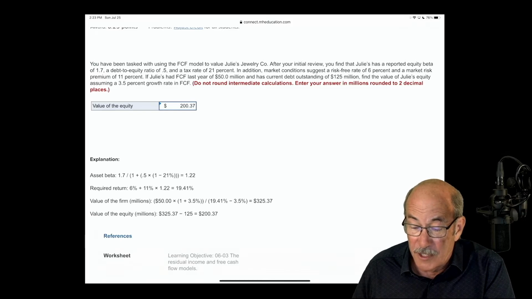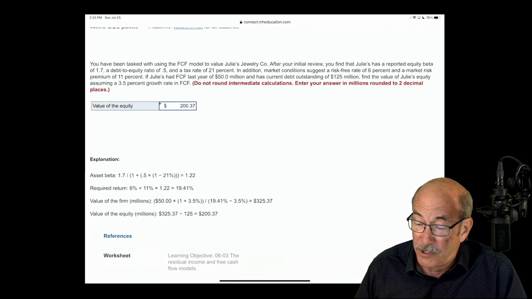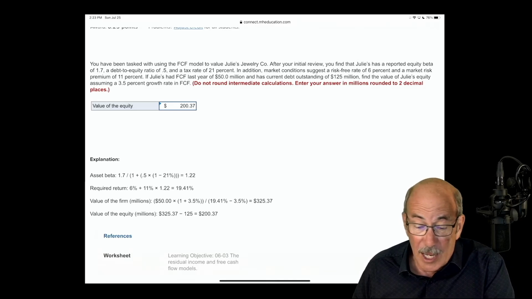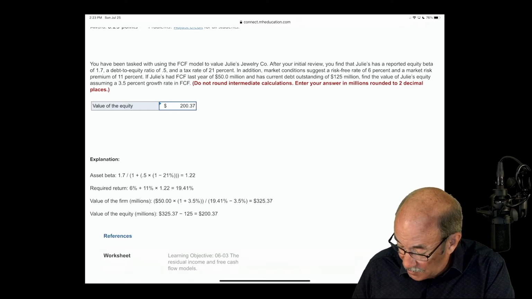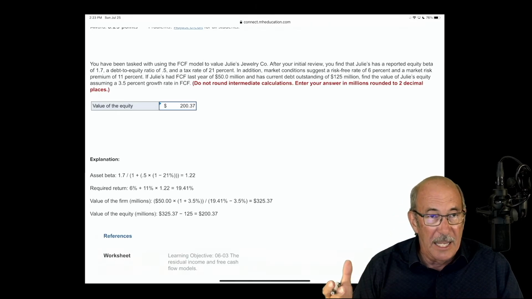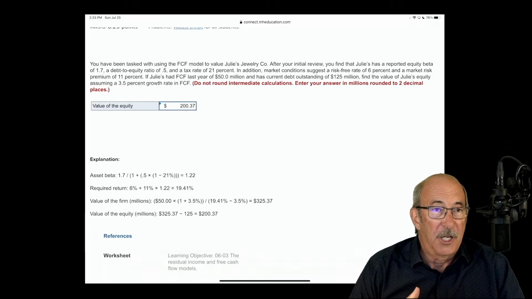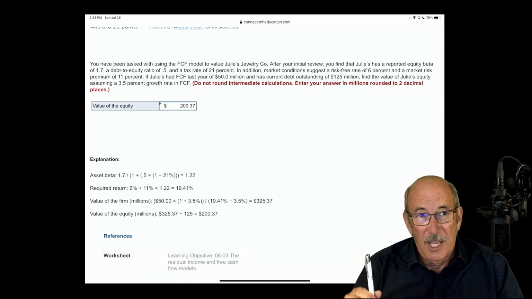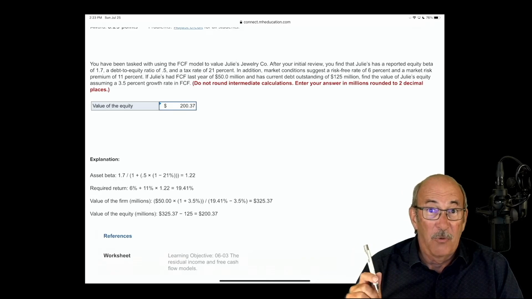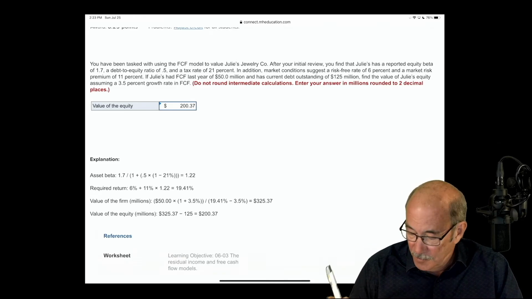So we're going to use free cash flow to value Julie's Jewelry. After your initial review, we find that Julie's has a reported equity beta of 1.7. Since we're valuing the firm, not just the equity, we know we've got the equity beta, but we're going to have to figure out what the asset beta is.